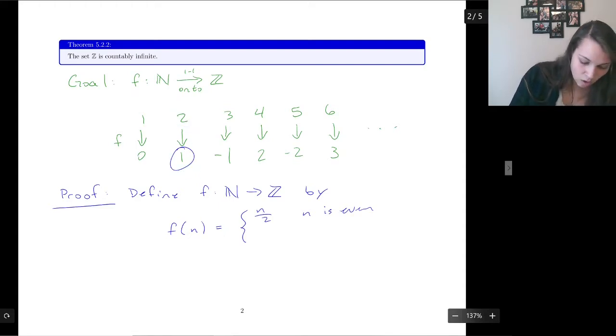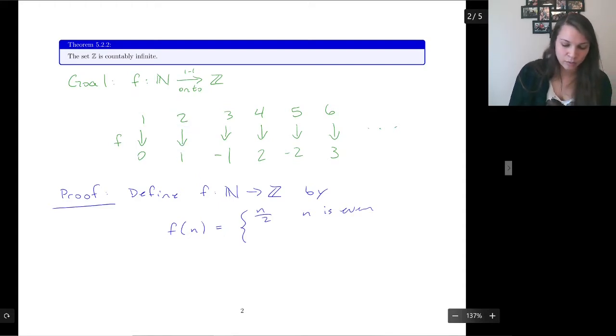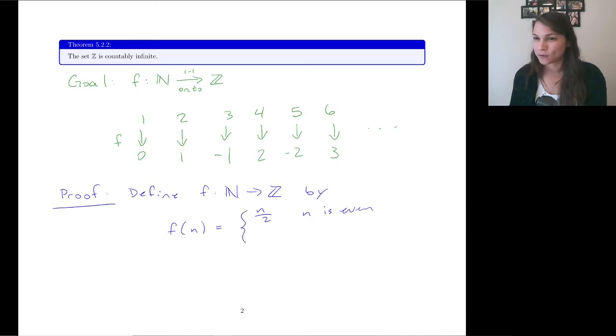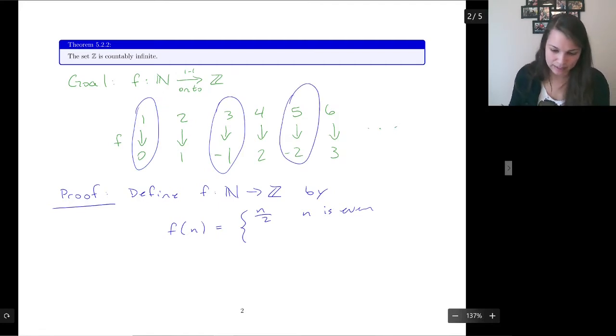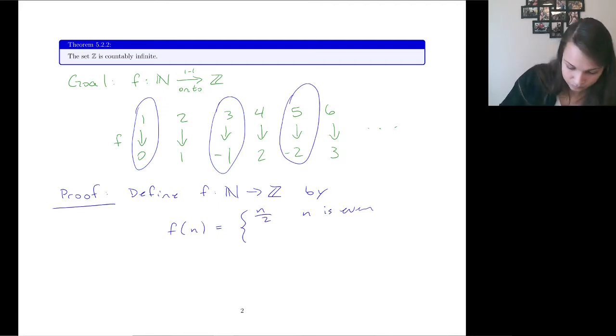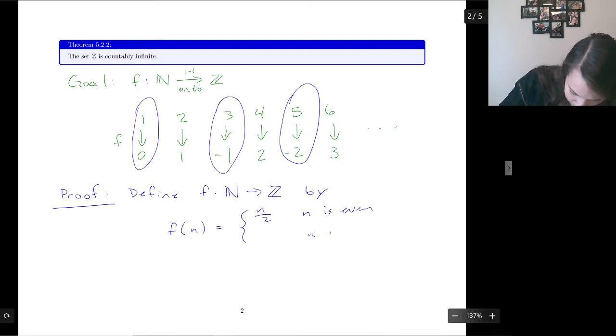And that'll get us all of the positive integers, which means we have all the odd integers now at our disposal for picking up the rest of the integers. So here's odds. Now we have to figure out how to relate these. So n is odd.